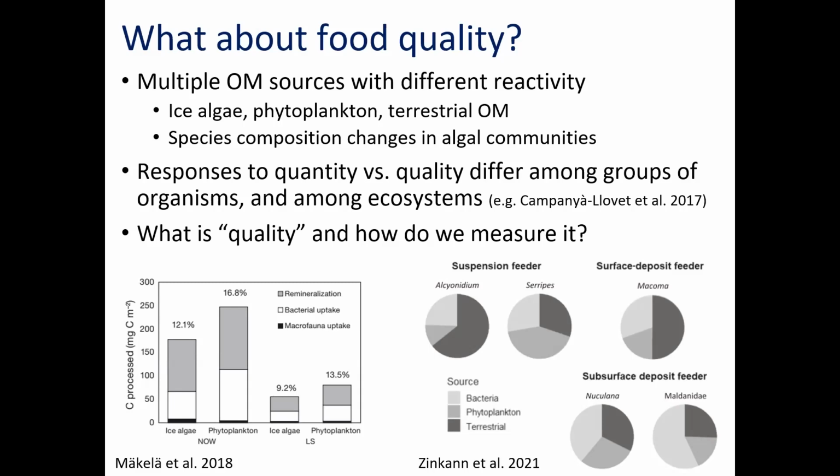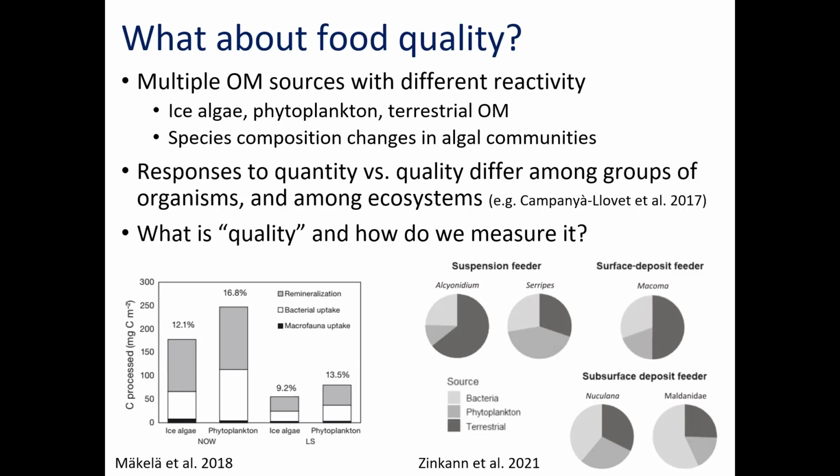So just as a couple of examples, on the lower left here is a figure from a fairly recent paper that used an isotope labeling approach to look at breakdown, remineralization, and assimilation of ice algae and phytoplankton in sediments in the Arctic, and found that there was a different response to ice algal inputs versus phytoplankton, and that response was not consistent between the two stations that they looked at. So different communities responded slightly differently.